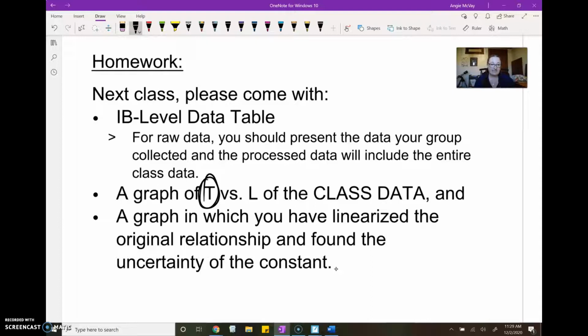Good data in physics has less than 30% uncertainty, and you should always try to get that uncertainty as small as possible when designing your experiment. All right, so let me show you the setup and give you some helpful hints for how you'll get your data.